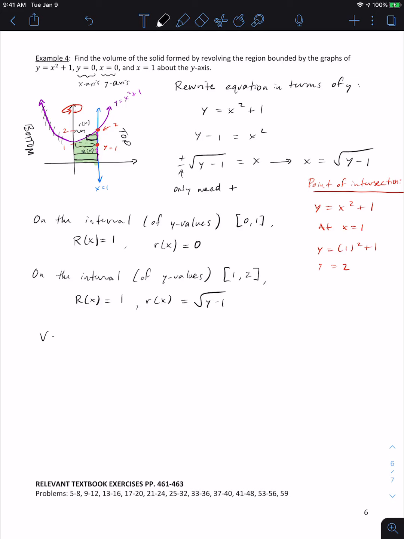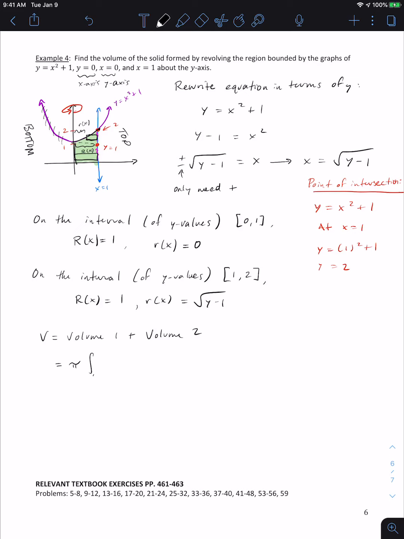So if I want to find the total volume, it's going to be the volume of the first part, so we'll call it volume 1 plus volume 2, right? The first part being this part right here, and the second part being this part right here. Okay, so now I do the integral. The first part's going to be from 0 to 1. I forgot pi again, didn't I?